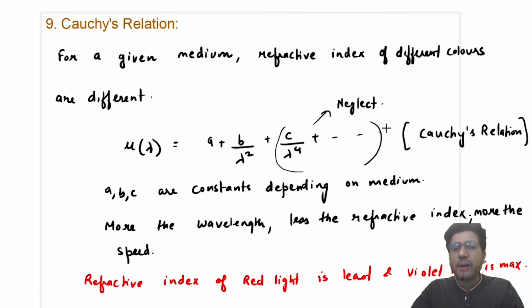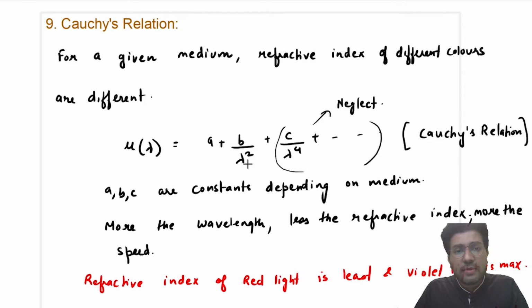These higher powers we will neglect and only write mu lambda is equal to a plus b by lambda square. Here a, b and c are medium dependent constants, and lambda is the wavelength of the light.